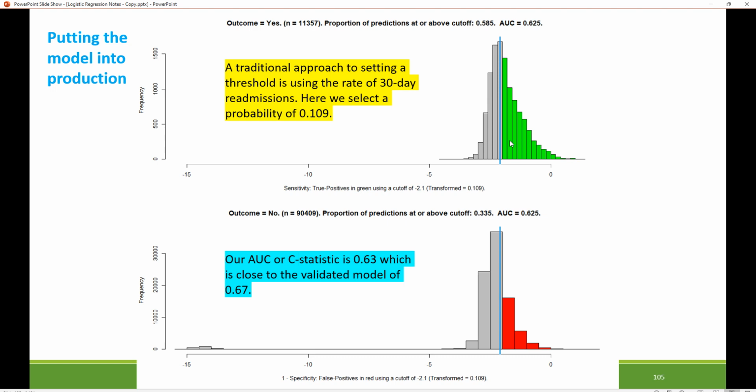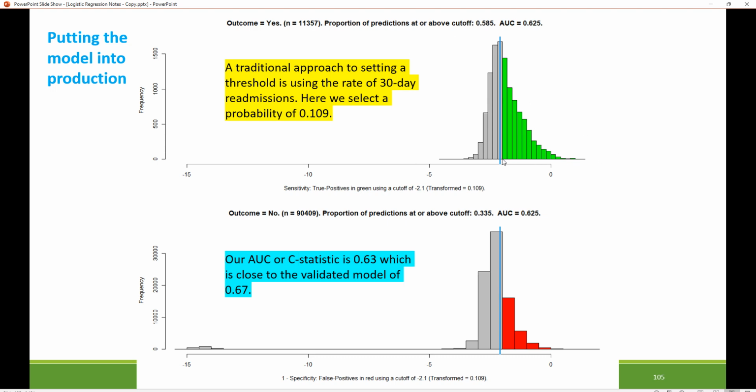So we can see that in this upper graph, we have a blue bar that goes down towards the middle, and that would indicate that threshold, and the green bars would indicate how many patients that we predicted to have a readmission had a readmission.